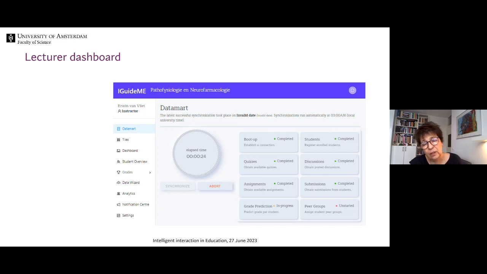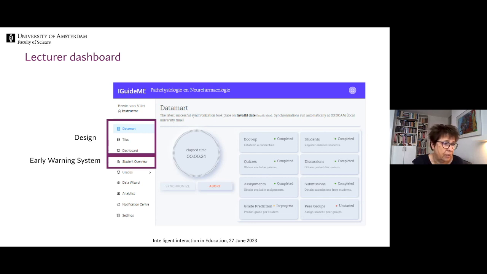So this is the lecturer dashboard, and you see in the menu there are different things. You can make your dashboard the way you wish. And then you can have an early warning system with a student overview. You can see the grades, and there is the possibility to arrange the data analytics and the notification center.